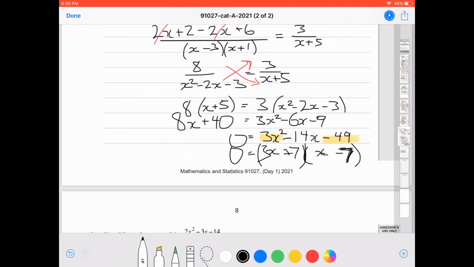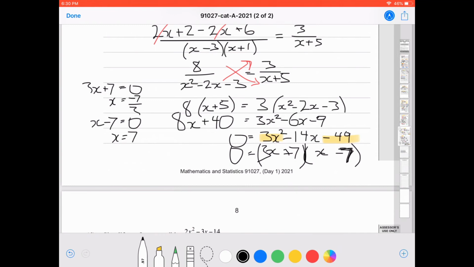We have to solve for x. So 3x plus 7 equals 0, meaning x equals minus 7 over 3, and x minus 7 equals 0, meaning x equals 7.